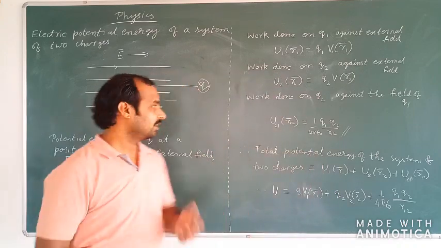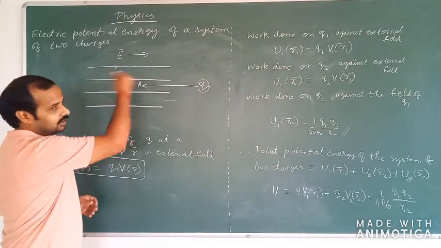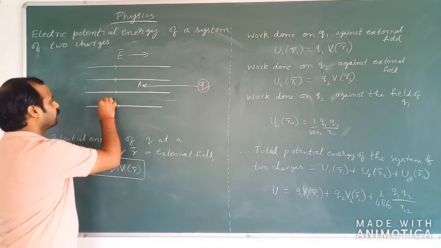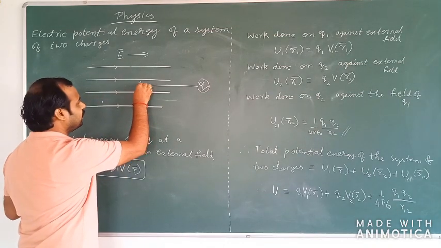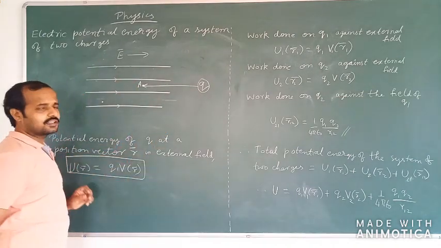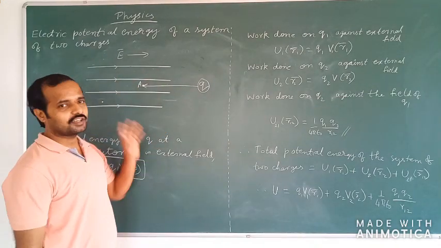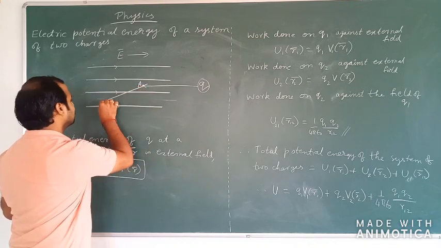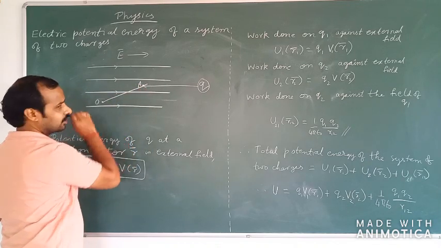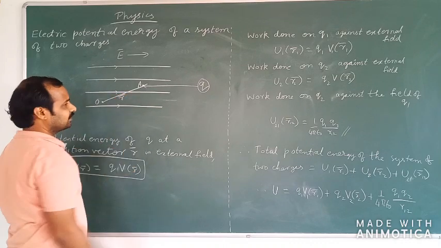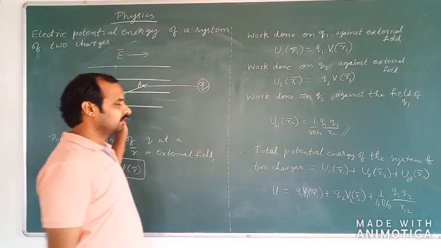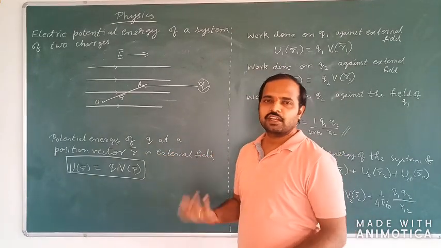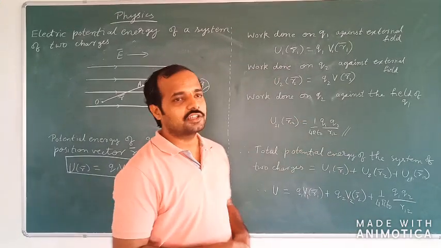That is, we can consider any point inside the electric field to be an origin, and the position vector of the point where the external charge is brought into the field can be chosen with respect to this origin as r bar. This much freedom is given when we are dealing with electric potentials.